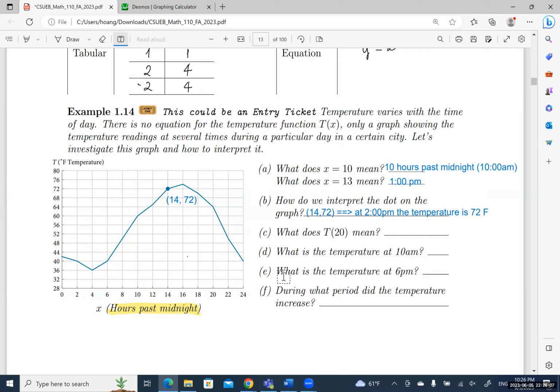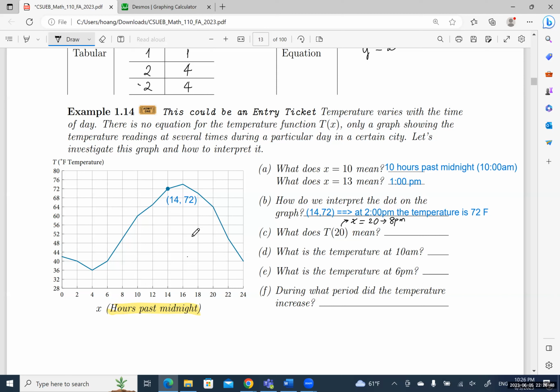And it says, what does T(20) mean? It means x equal to 20. This input x equal to 20 gives us 8 p.m. All right.